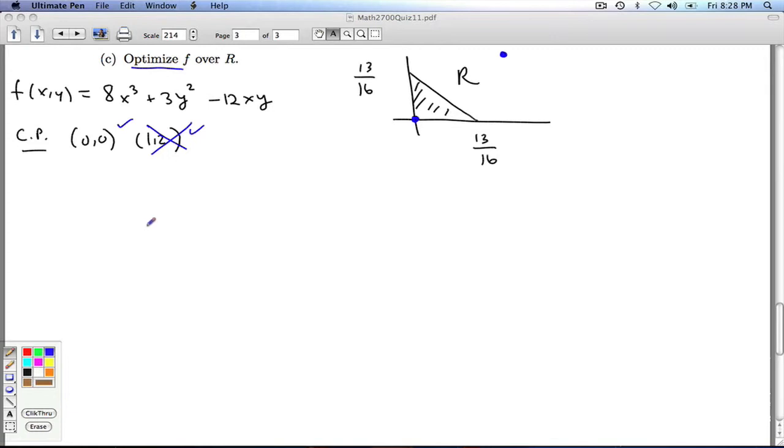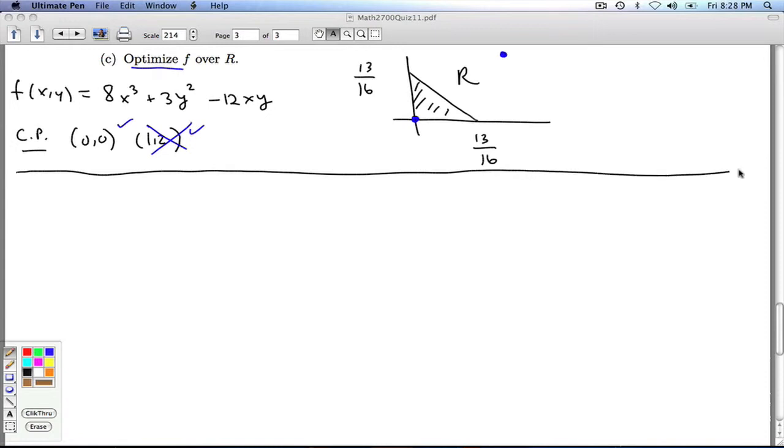So first step is to justify the existence of the max and min. Second step, find the critical point. Now it's time for the third step, which is to analyze f on the boundary.